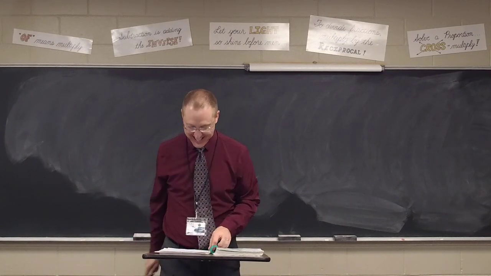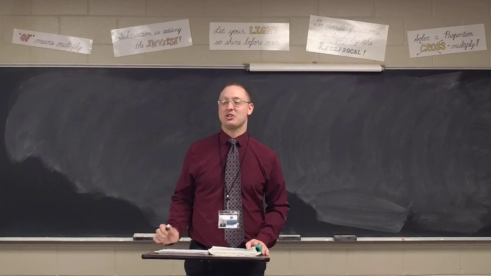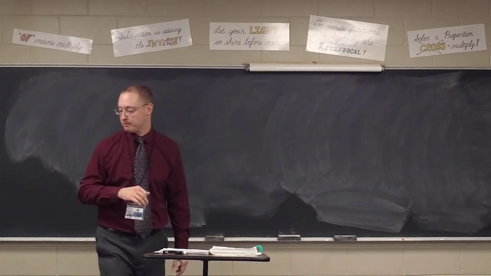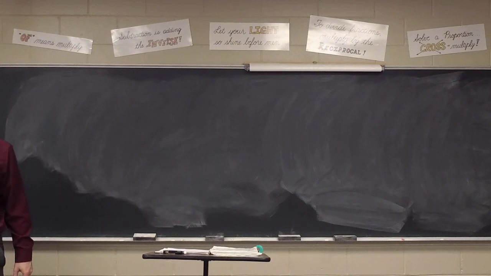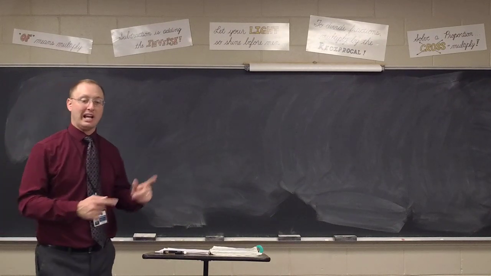We talked about vectors that act along the same line, class: collinear, there we go. We talked about vectors that act at right angles: perpendicular. We talked about vectors that are not along the same line and not at right angles: skewed vectors.